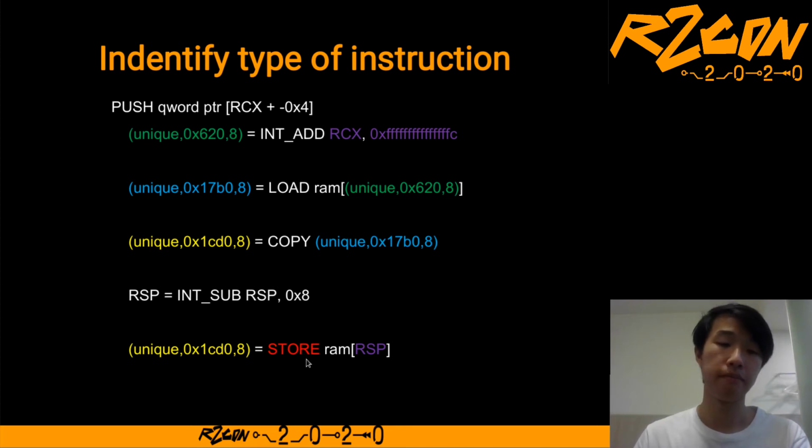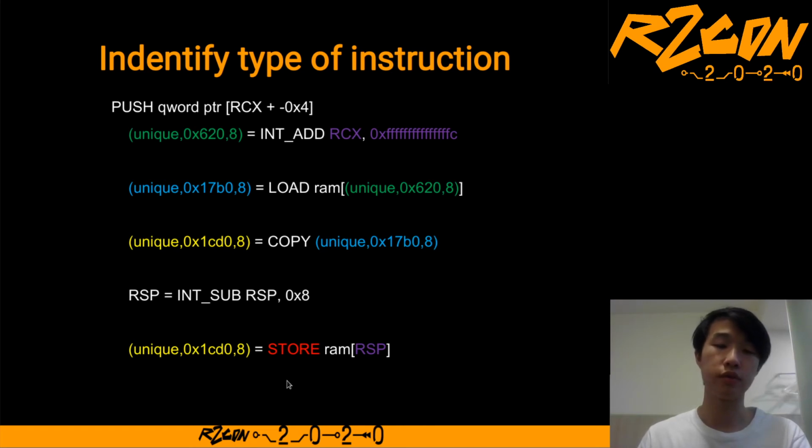So the input is a memory reference, its size should be 8 bytes, the base register should be RCX, and the offset should be this immediate value. So we successfully resolved this op's input and output, and we know its type should be push.